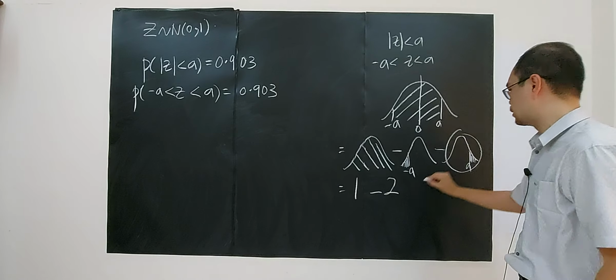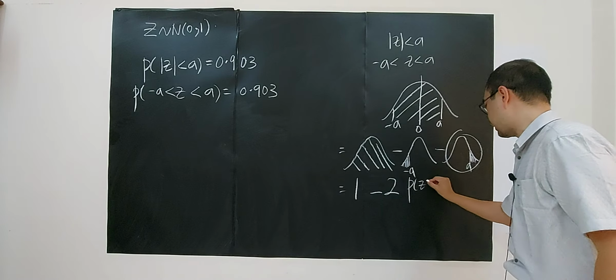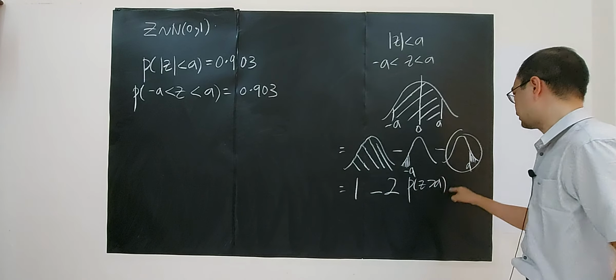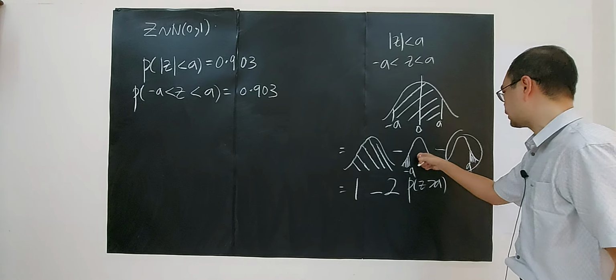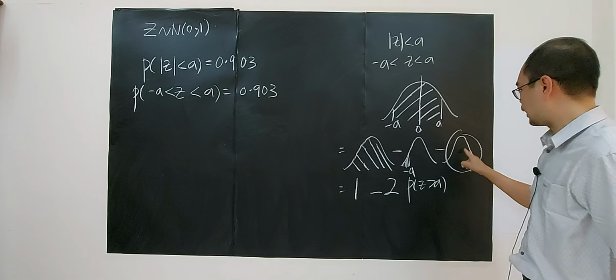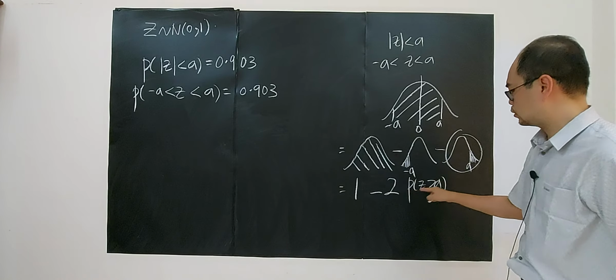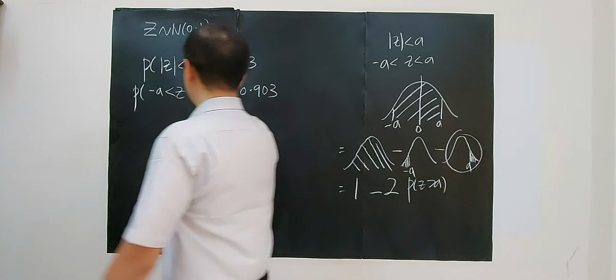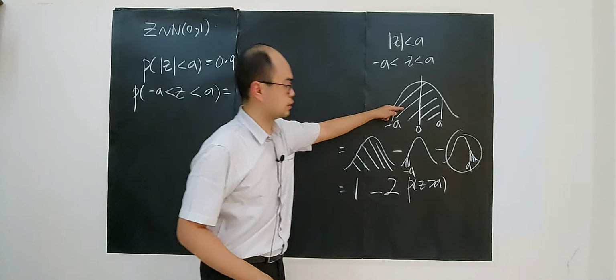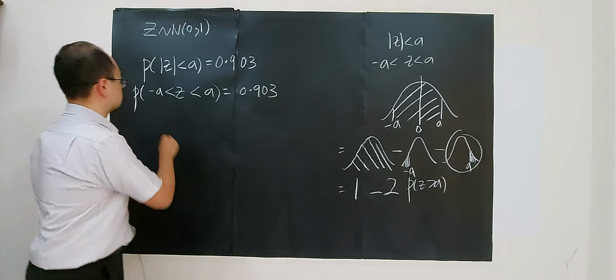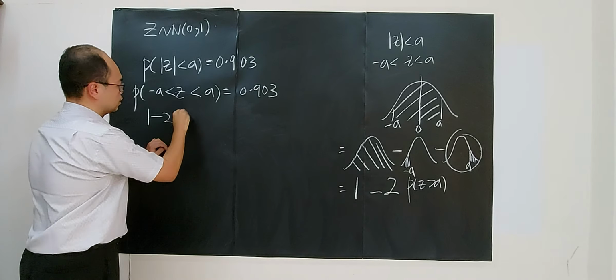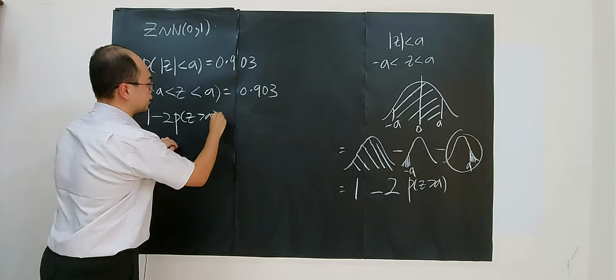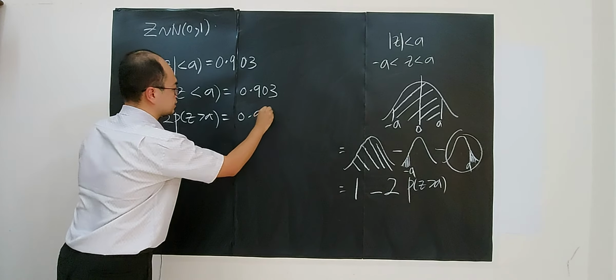This one is P(Z > A). I put a 2 here because this one and this one are the same, so I multiply by 2. So it's the same as 1 minus 2 P(Z > A) equals 0.903.